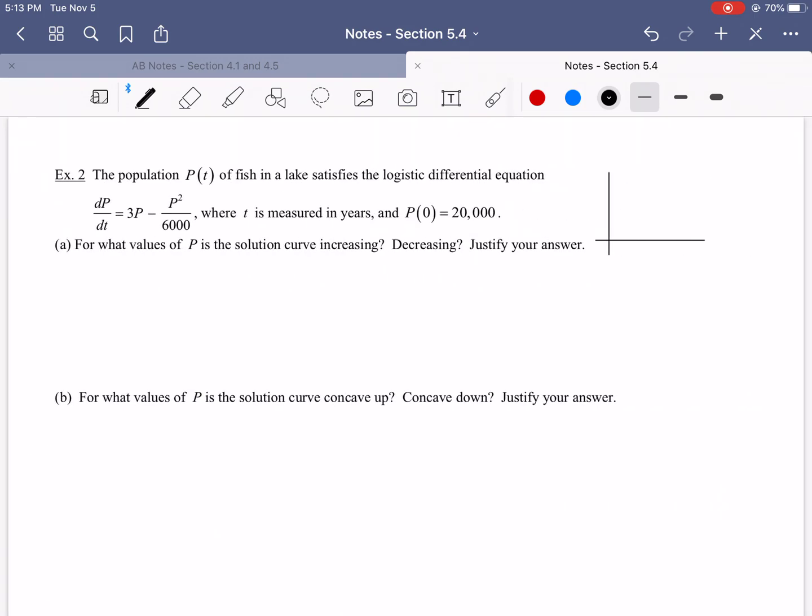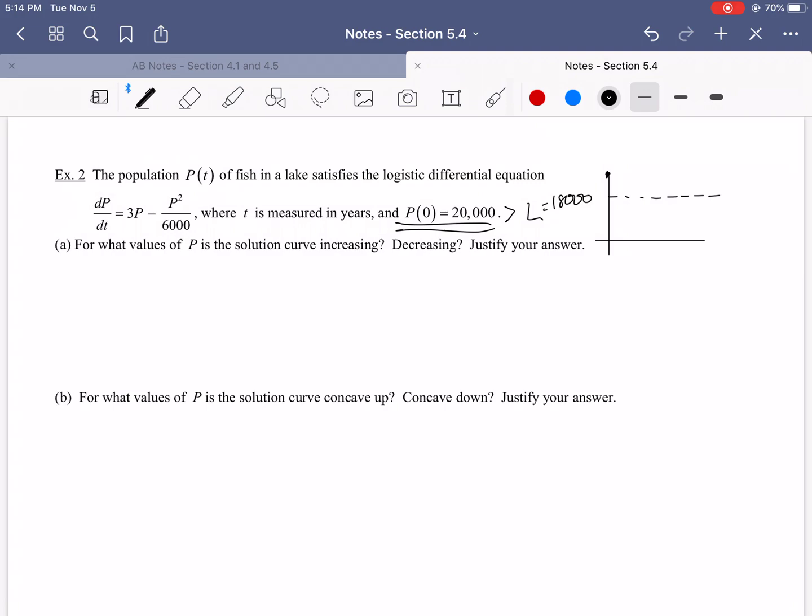Okay, so notice we've got the same exact differential equation here, except this time the initial population is 20,000, which is bigger than our carrying capacity, L. And remember from the previous example that L was equal to 18,000. So now we have this carrying capacity at 18,000, but our initial population is 20,000, and this pond that these fish are living in cannot sustain 20,000 fish.